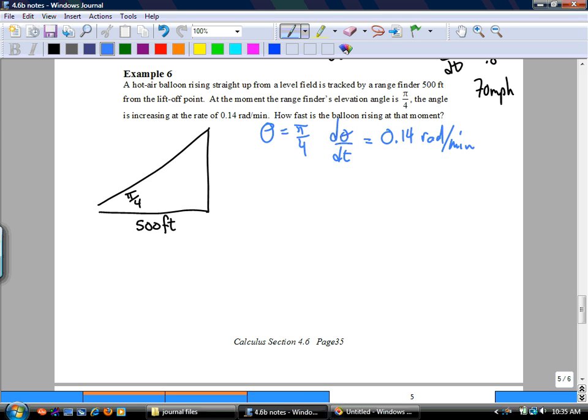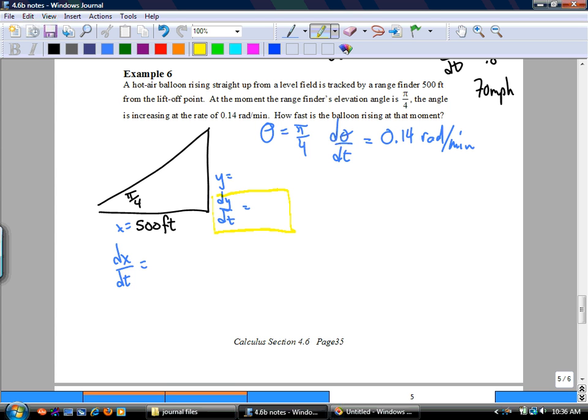So this is x. Okay, so there's some things we need to fill in. dy dt is what we're trying to find. But we do know what y is, and we know what dx dt is.